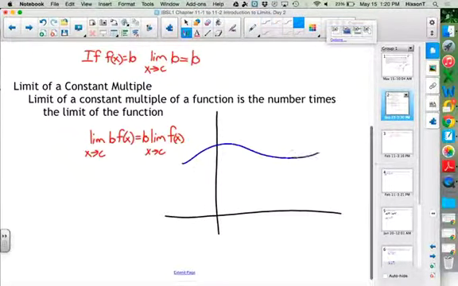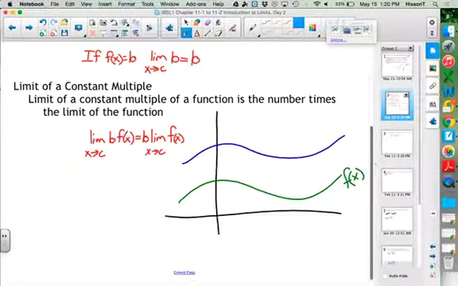So let's say this is your f of x right here. And let's say this is some constant times f of x. If I picked some random number, actually let me use b to be consistent here.